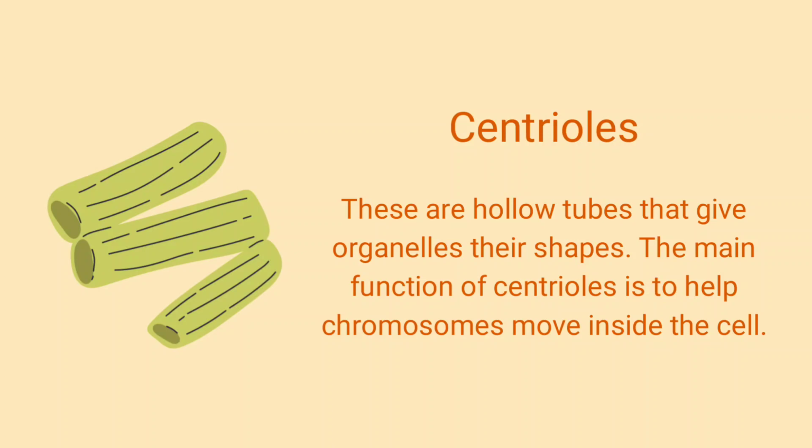Next, centrioles. Centrioles are hollow tubes that give organelles their shape. These are only present in the animal cell and absent in the plant cell. The function of centrioles is to help chromosomes move inside the cell.